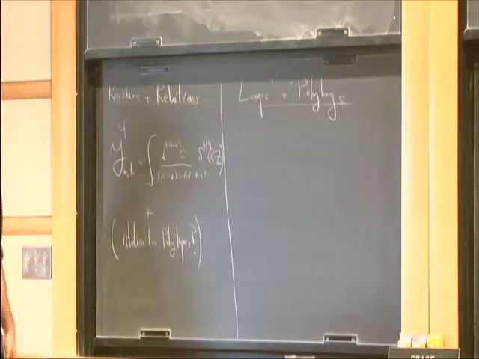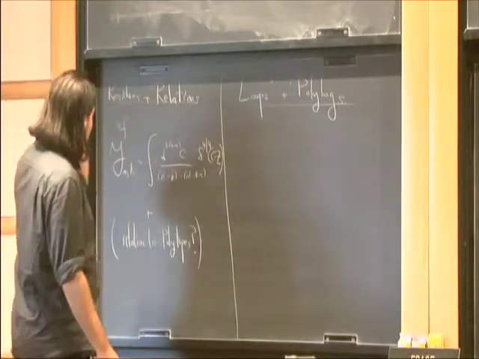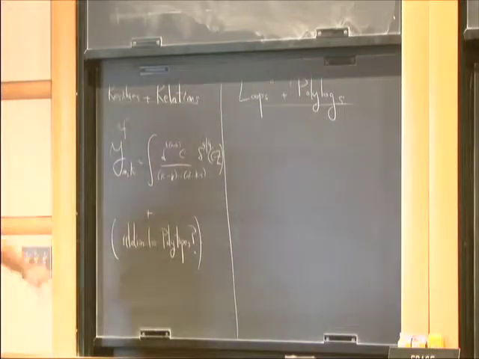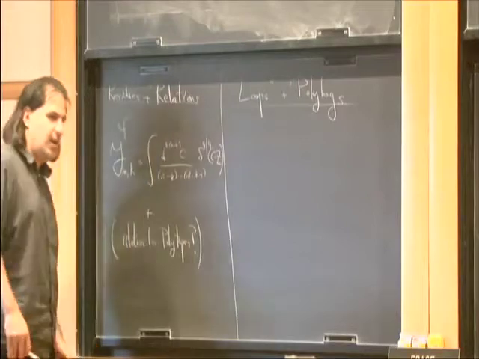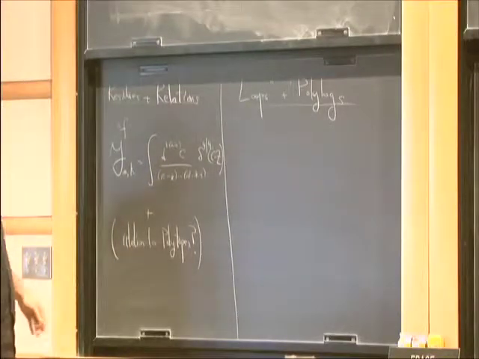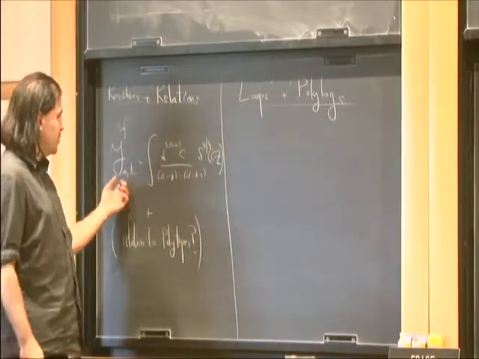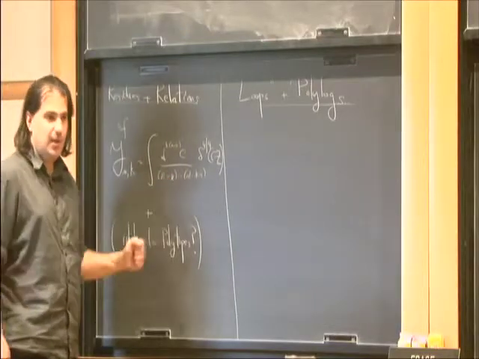So one of them is just to continue talking about this object and talking about what the residues look like for other k and n.